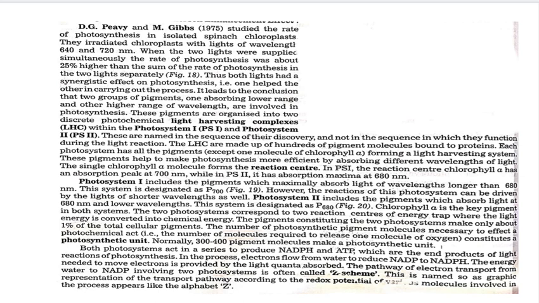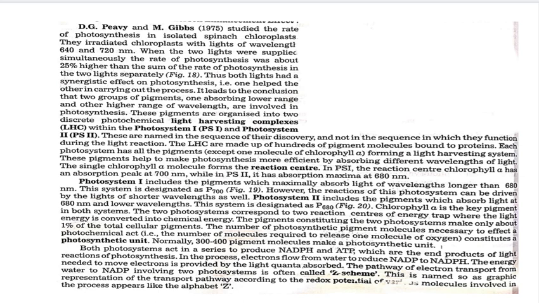These pigments are organized into two distinct photochemical light harvesting complexes within photosystem 1, PS1, and photosystem 2, PS2. These are named in the sequence of their discovery and not in the sequence in which they function during the light reaction.